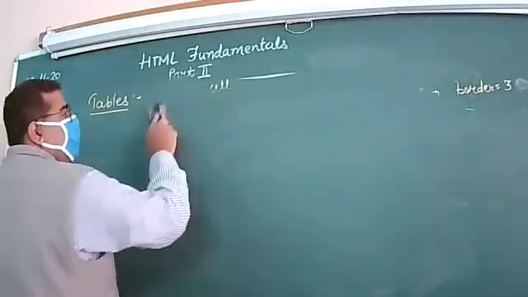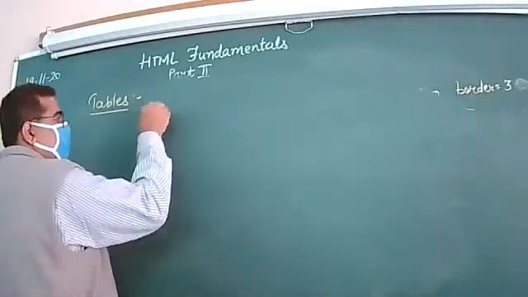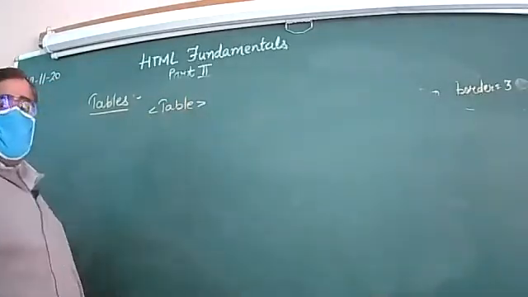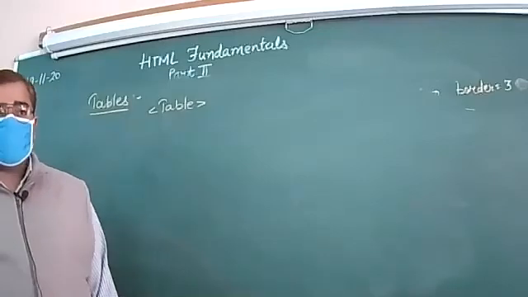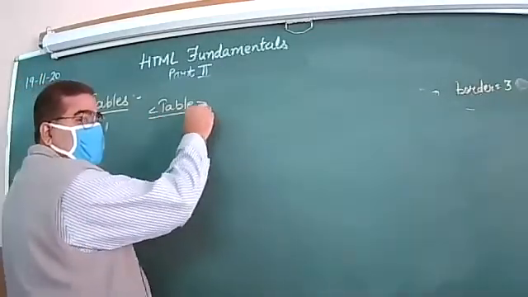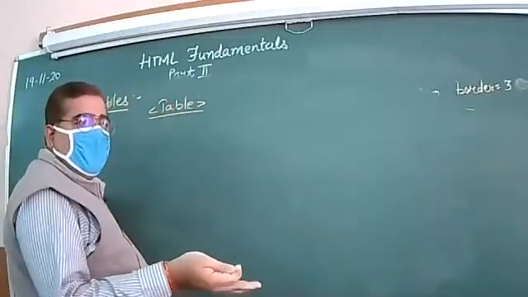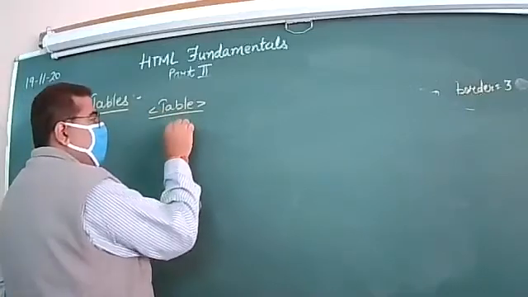So in order to create a table in HTML, we will use the table tag. The table tag of HTML specifies the beginning and the ending of the table, right? Now this tag consists of some further elements or tags which are inserted within the table tag.